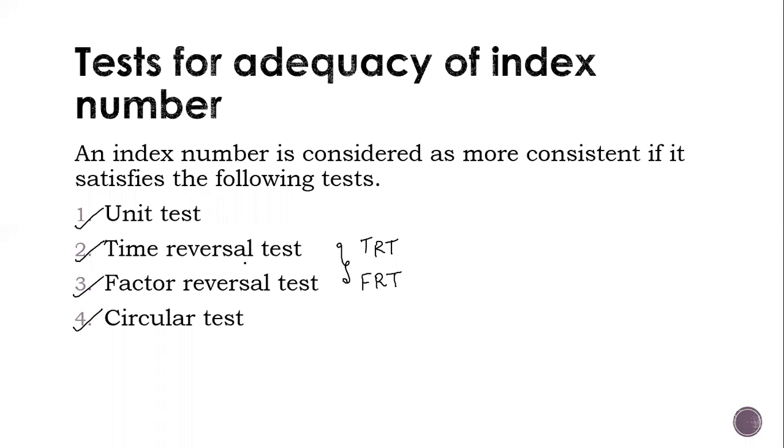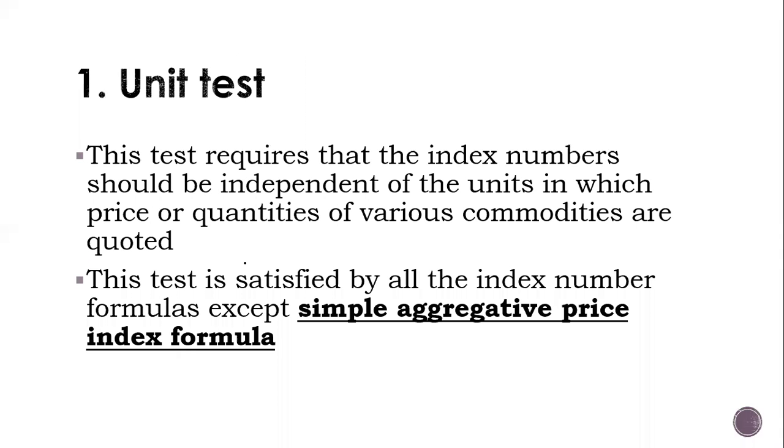First one is unit test. Here in the unit test, there are no problems, just if you know the concept, that is more than enough. When we say unit test, teachers give tests and exams. Why do they give them? To prepare for your final exam, whatever the teacher does in the class, you should be very thorough with it, you should be very much prepared for it, whenever it is asked.